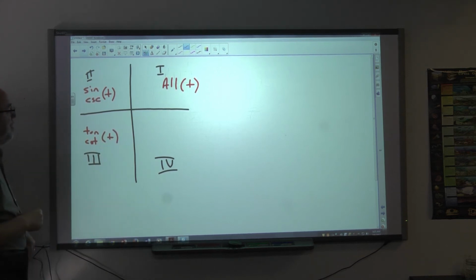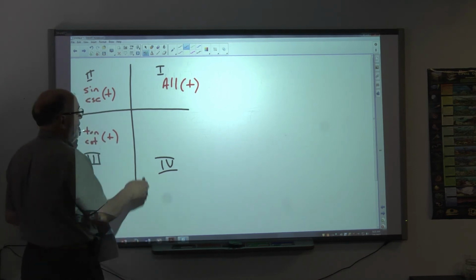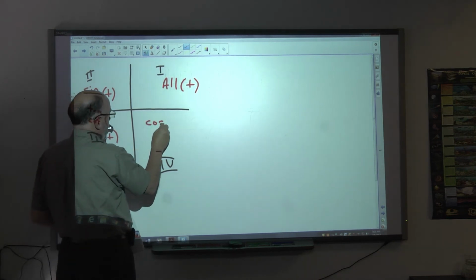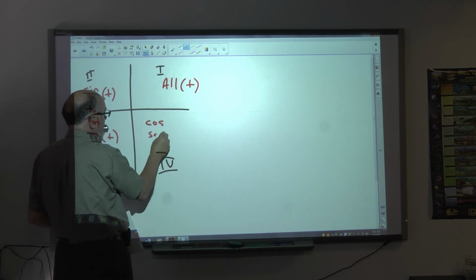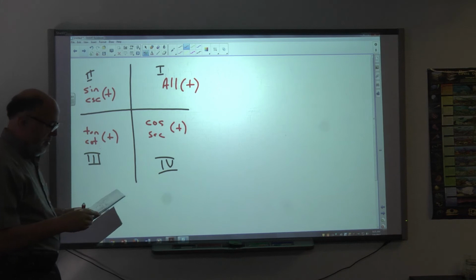And after all, a negative divided by a negative gives you a positive number. And then lastly, in quadrant 4, you have x is positive, but y is negative, and so you get cosine and secant are positive in quadrant 4.